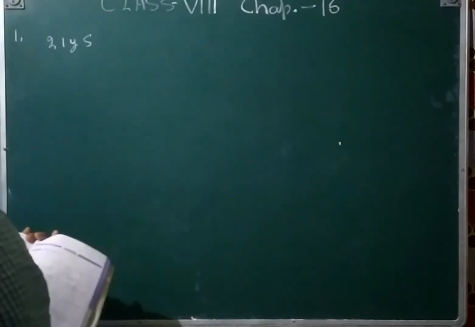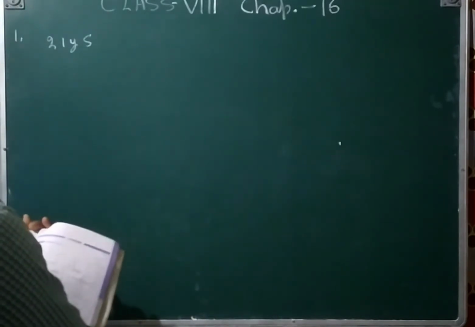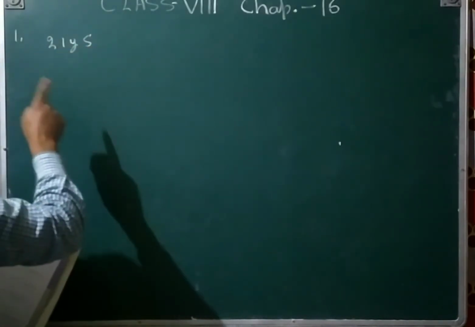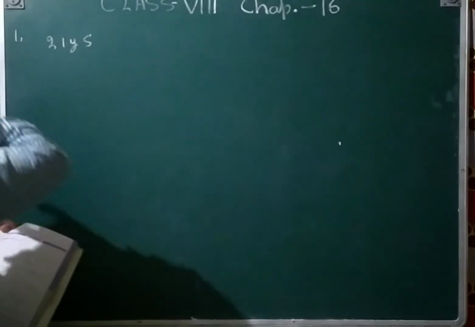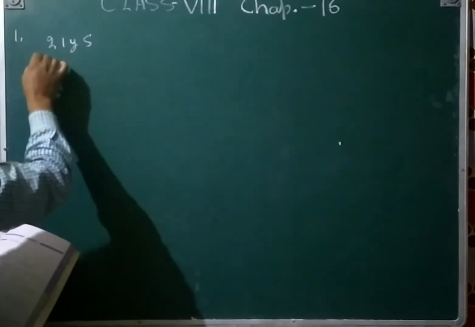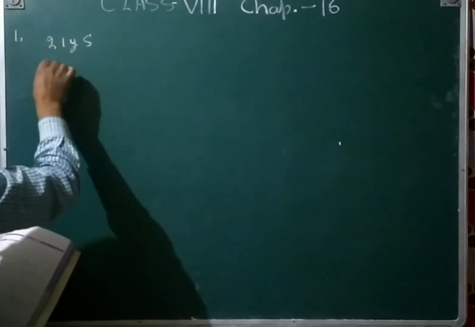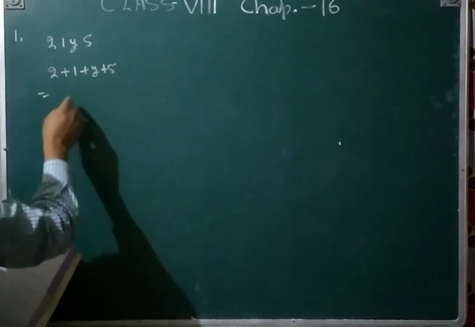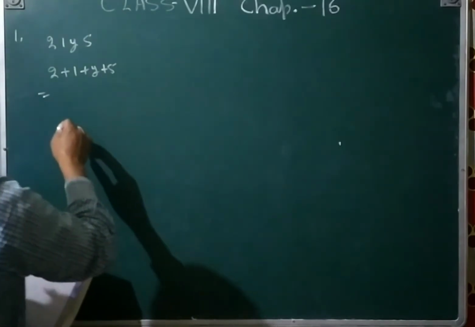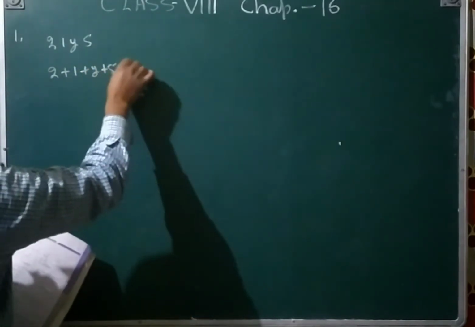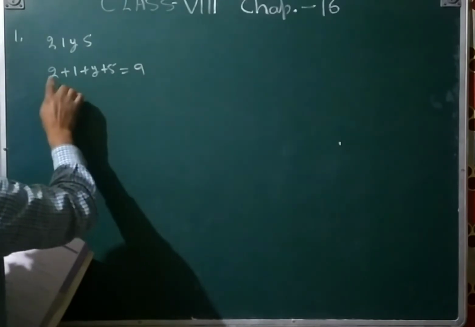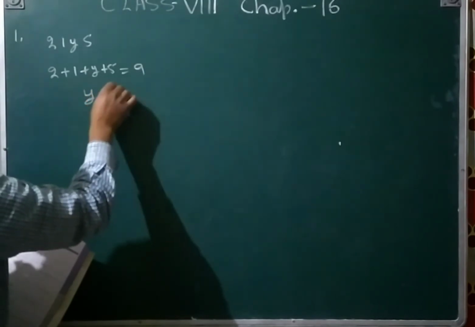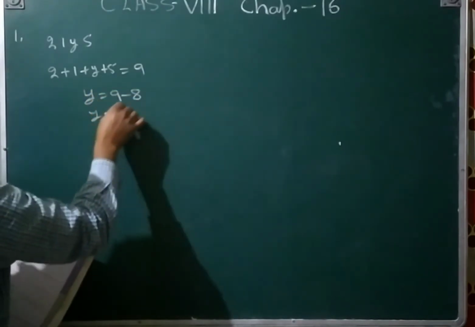Obviously, if the sum is divisible by 9, then that number will also be divisible by 9. So 2 plus 1 plus y plus 5 is equal to 9. 5 plus 2 is 7, plus 1 is 8. So y is equal to 9 minus 8. So y is equal to 1.